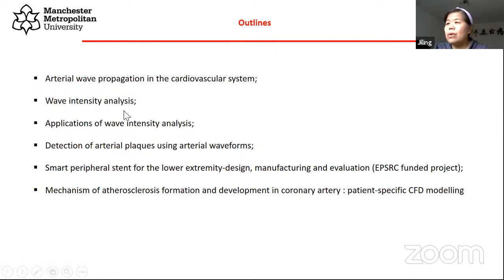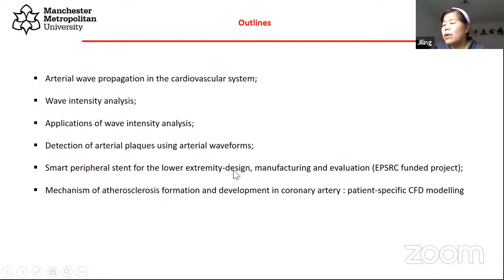I will also talk about wave intensity analysis, which is the method I am using to analyze arterial waveforms, and the applications of this wave intensity analysis. I will talk about one of my current projects that one PhD student is doing, which is the detection of arterial plaque using arterial waveforms.